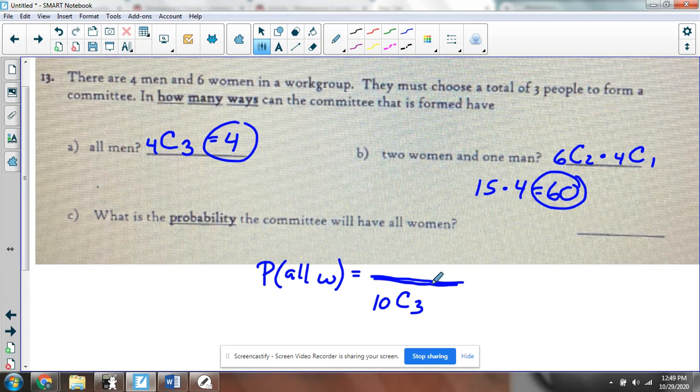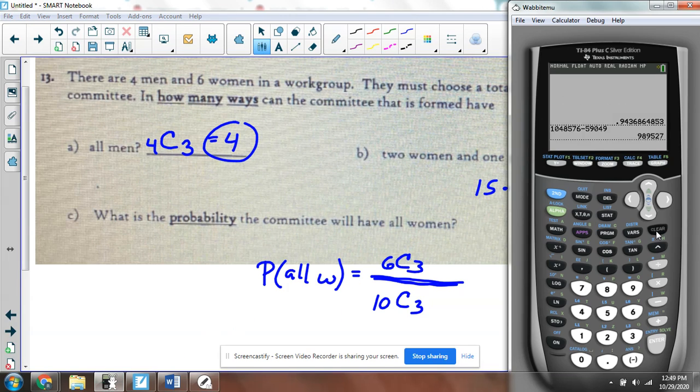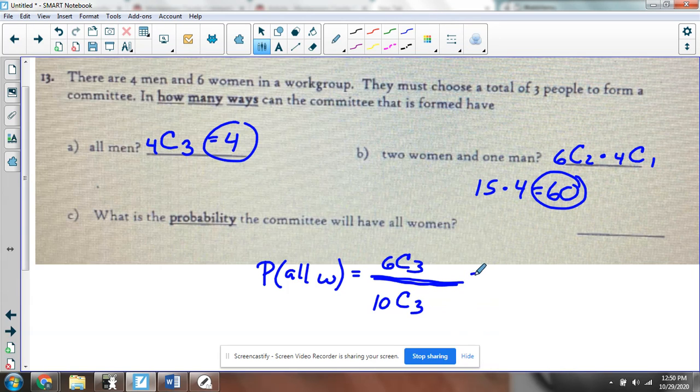The top is how many ways I can pick all women: 6 choose 3. So 20 over 120. This is going to be 1 over 6.